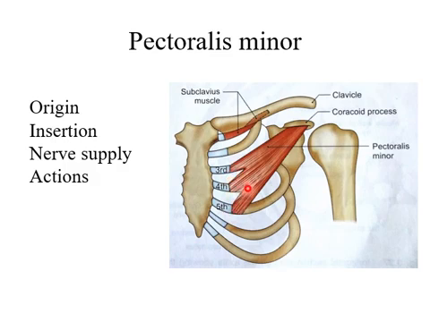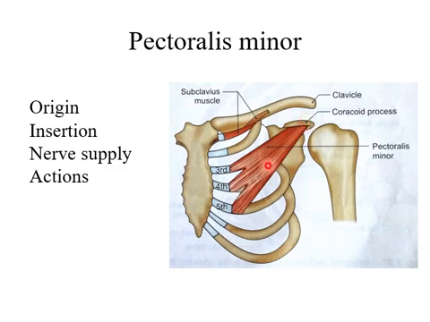So the pectoralis minor muscle arises from the third, fourth and fifth ribs close to the costochondral joints. Now this muscle converges laterally and gets inserted on the coracoid process.